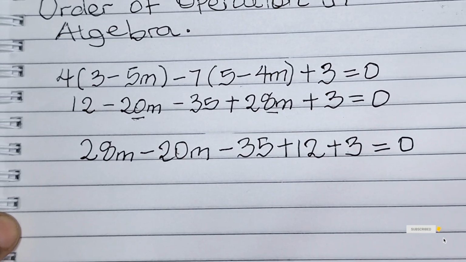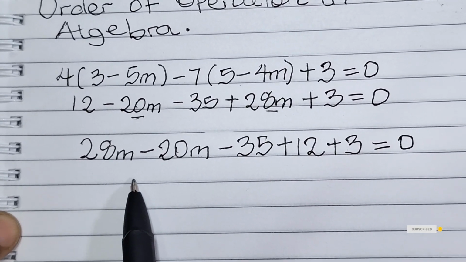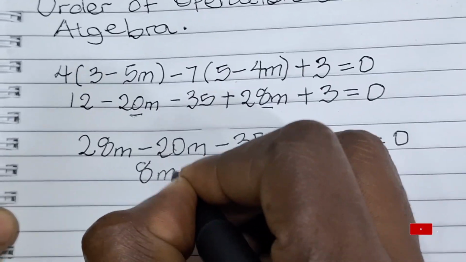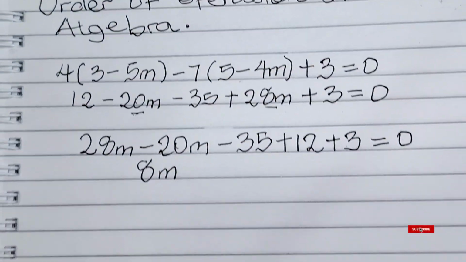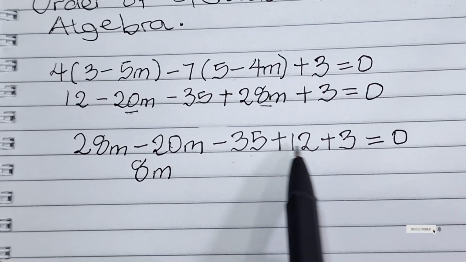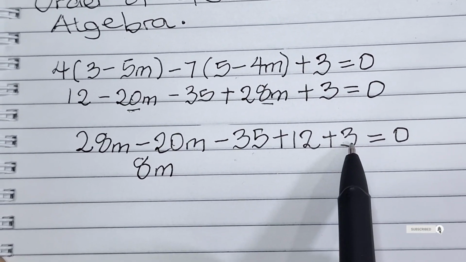I have collected like terms. 28m minus 20m is 8m. Okay? Now let's do minus 35 plus 12 plus 3.